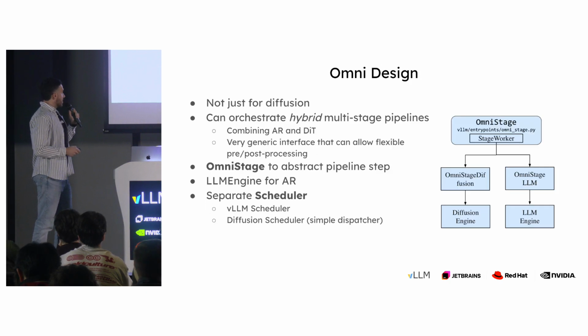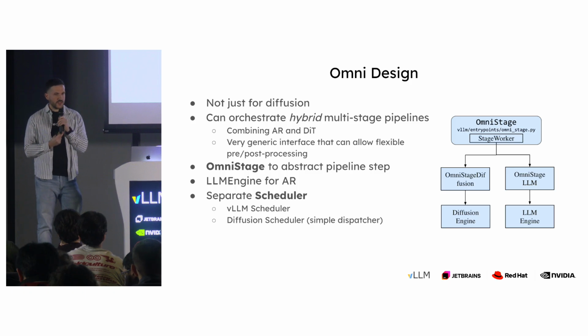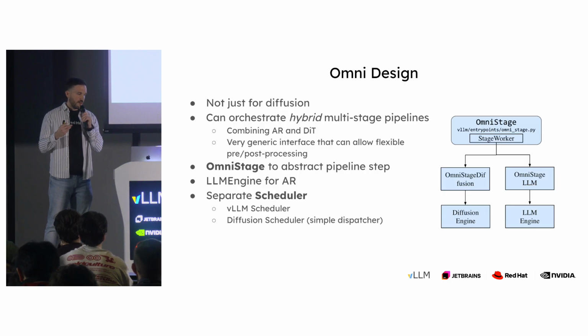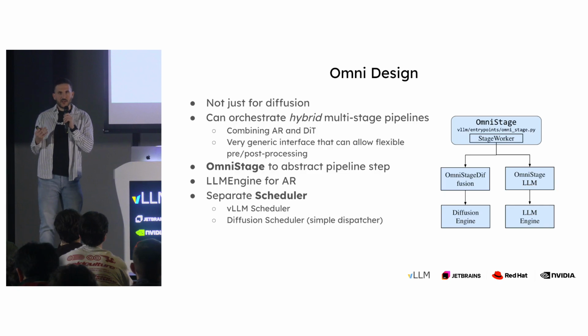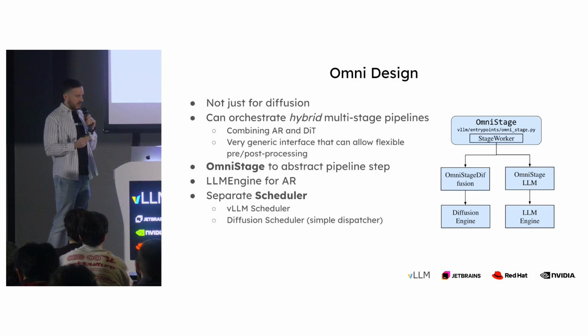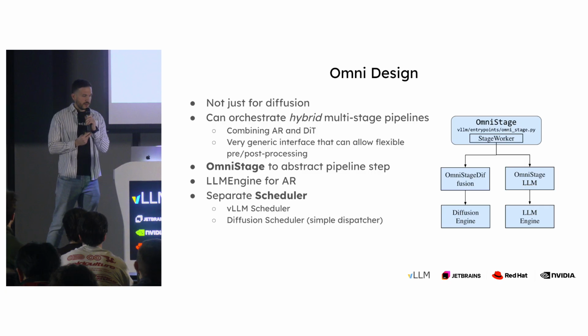Now, getting a bit into the design of Omni. Omni is not just for diffusion, so I don't want to give that idea. It's actually more for, one may think, an orchestration of hybrid multi-stage pipelines. When I say hybrid, I mean pipelines that are made of autoregressive transformers and also diffusion models. We'll see later some of the taxonomy that is involved.